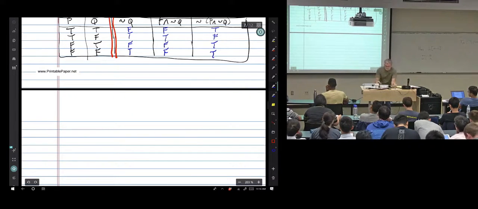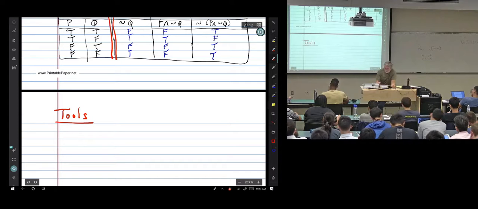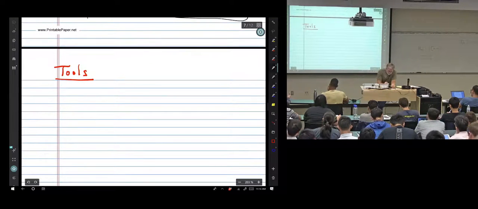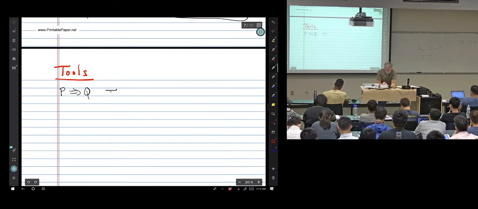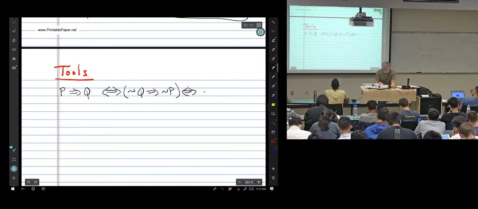So this is the tool we have now, okay? Or tools. P implies Q. We know that's equivalent to not Q implies not P. But it's also equivalent to not P and not Q, okay?